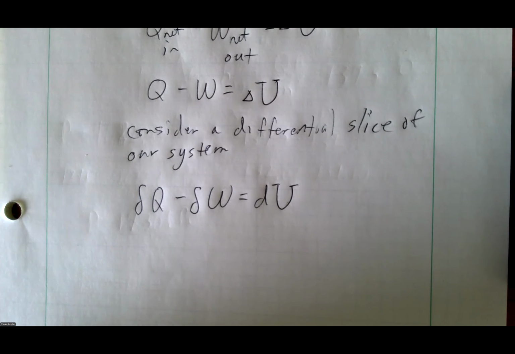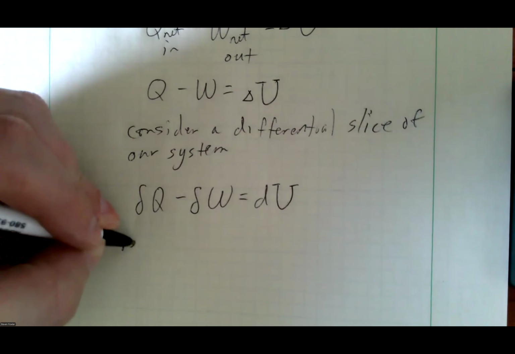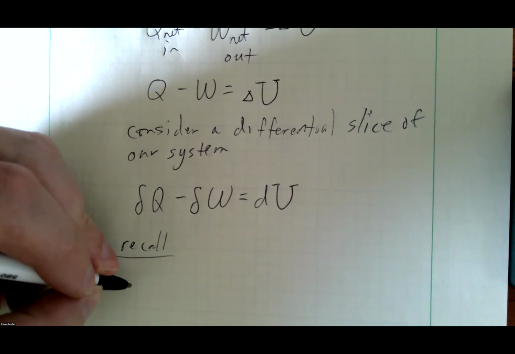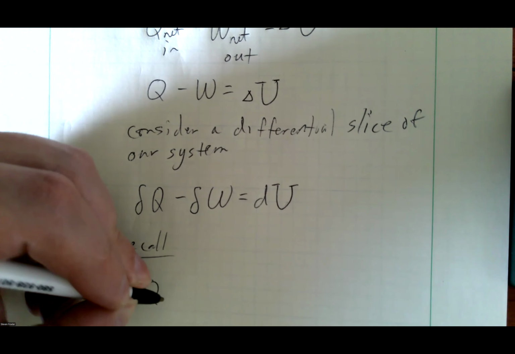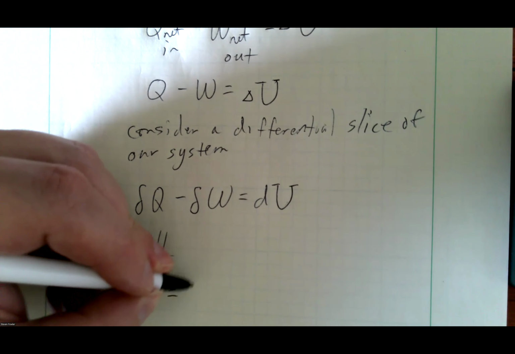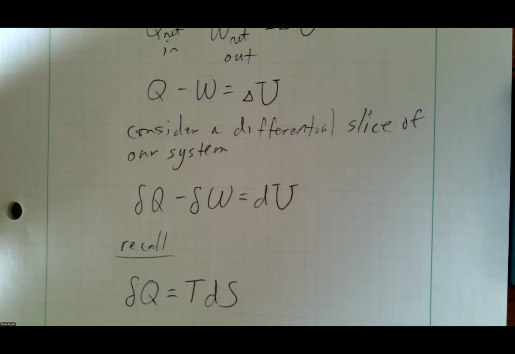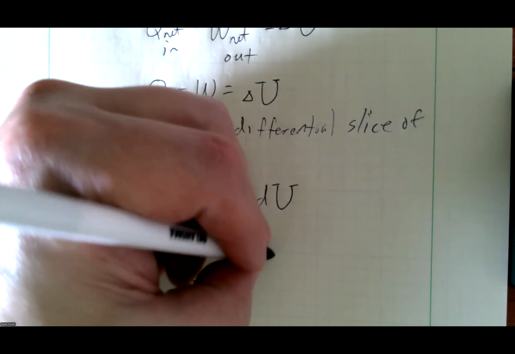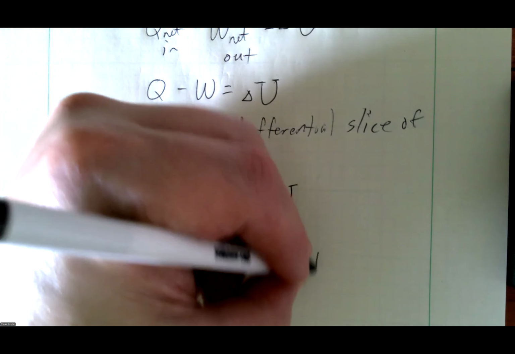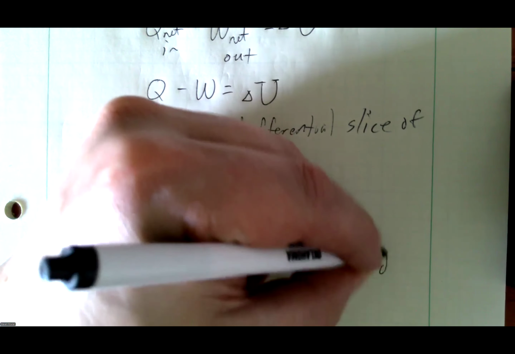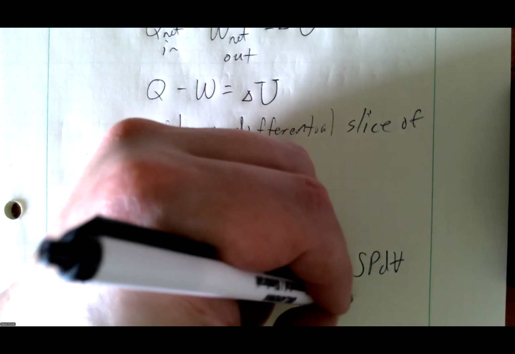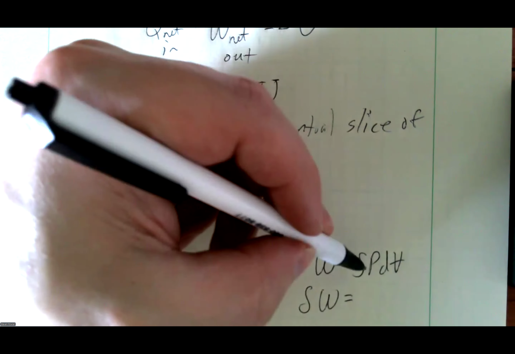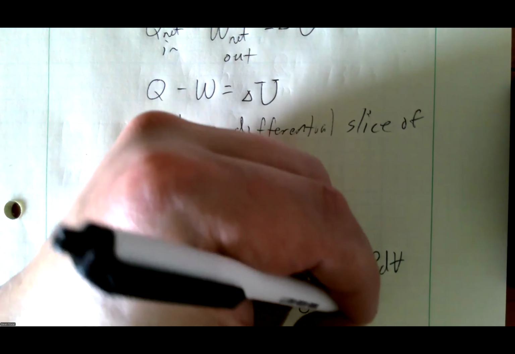Now, recall we recently talked about that for a reversible situation, a differential slice of heat transfer is equal to temperature times a differential entropy change. And also because work is equal to the integral of pressure with respect to volume, if I take the derivative of both sides of this equation, I have a differential slice of work is equal to the derivative of an integral is just the argument, P dV.